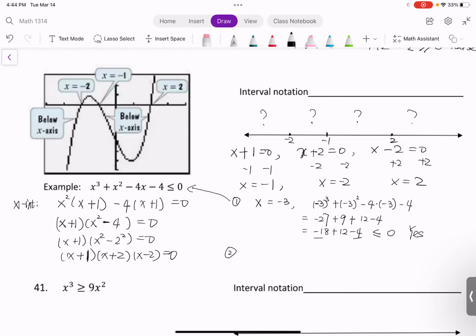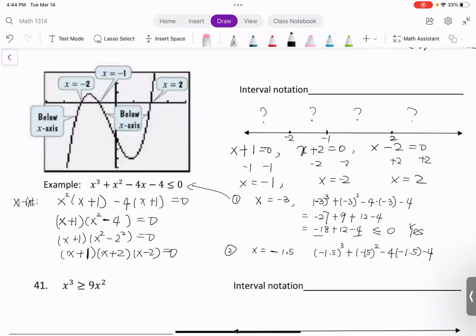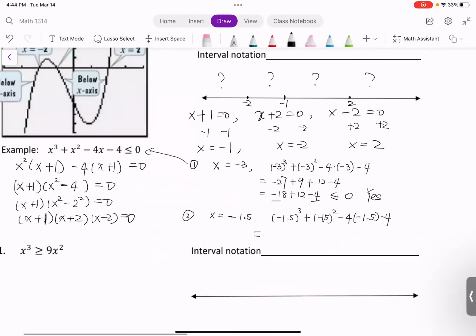Second, find a number between -2 and -1. I can choose x equals -1.5. You can also say -3/2. So -1.5 cubed plus -1.5 squared minus 4 times -1.5, oh sorry, minus 4. Okay, what is that?